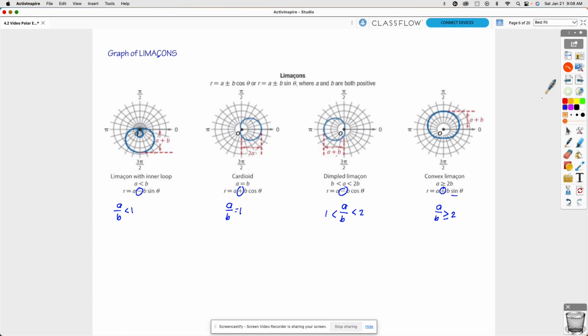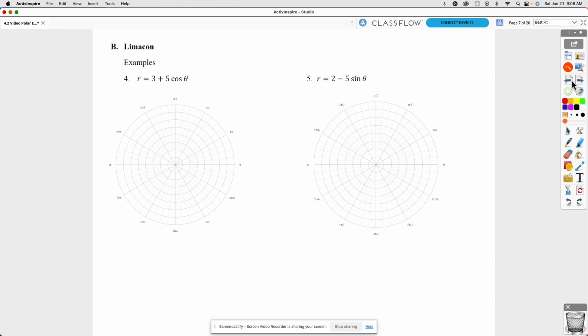Let's have several examples. Example number 1. We are given the equation r equals 3 plus 5 cosine theta. This limaçon is symmetric with respect to the horizontal line because it is cosine, and it is on the right side because this is positive. Let's identify our values.